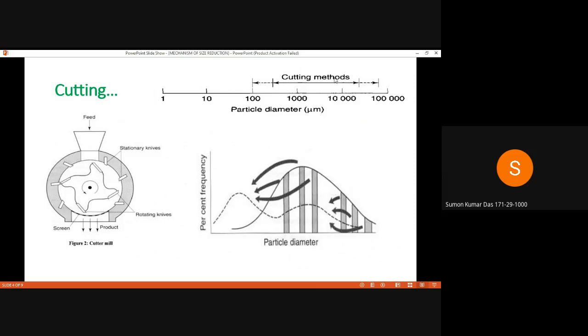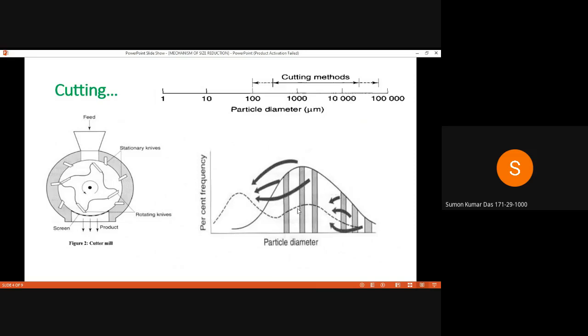Here for the cutter method, I show the parameter, the particle diameter size that we obtain from this device. And the graphical presentation shows particle diameter and percent of frequency. Particle diameter at the initial stage is very high.